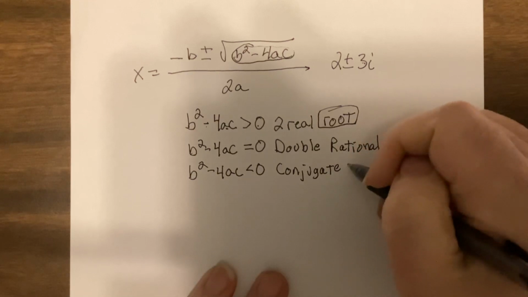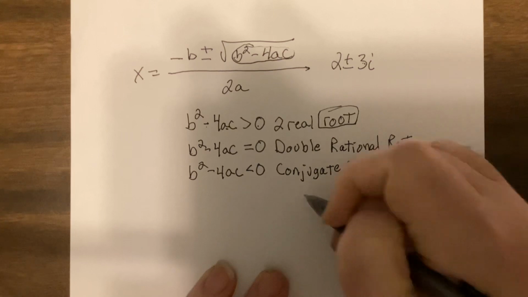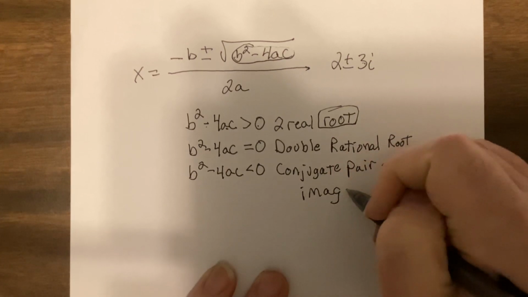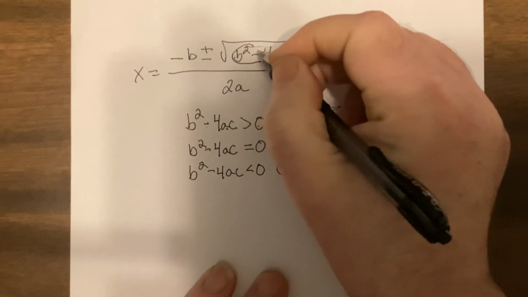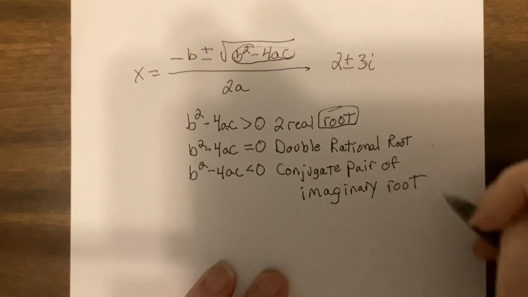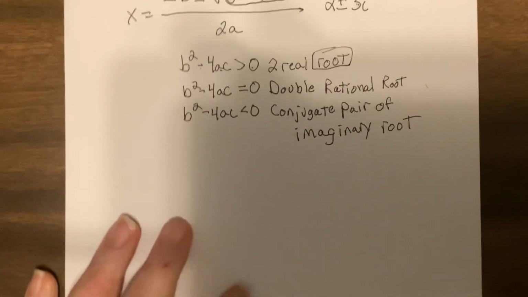It's a conjugate pair of imaginary roots, because if this is negative, you're going to have to pop your i out. So it's a way to see what the answers are going to look like, what type of answers they will be.